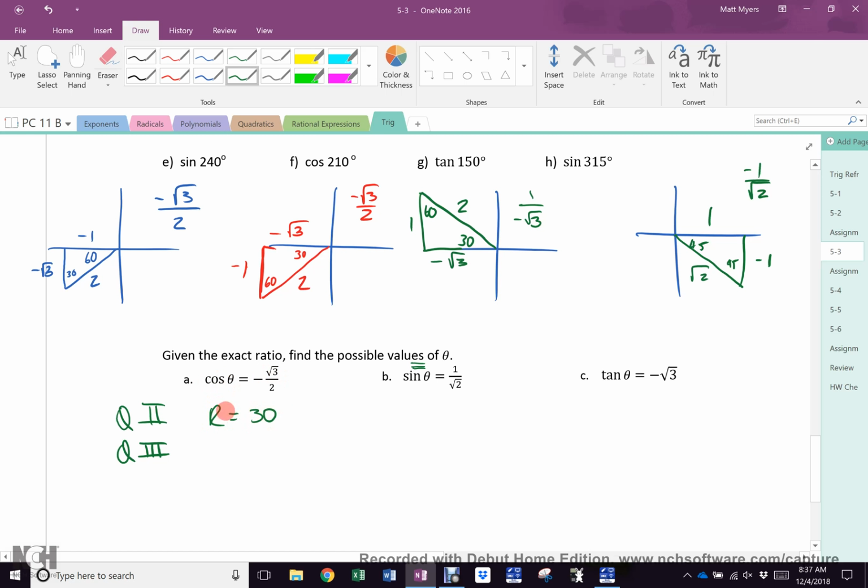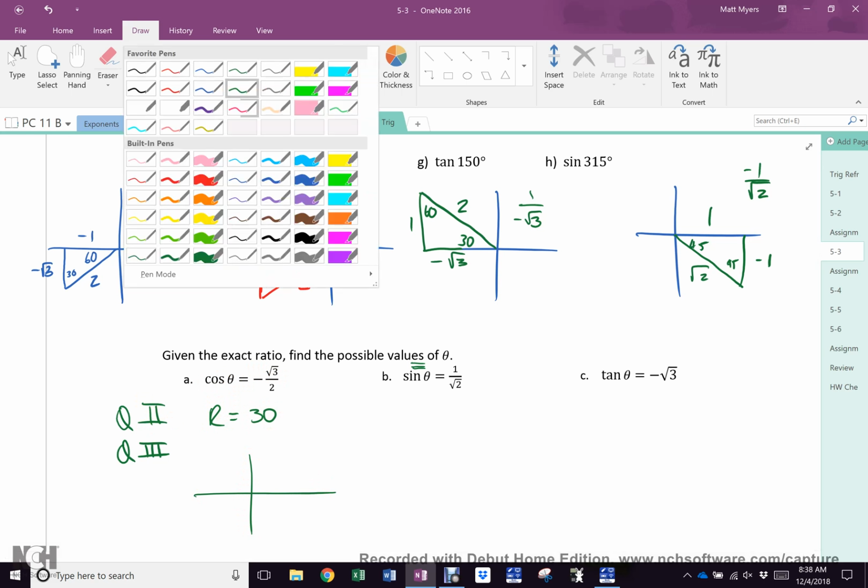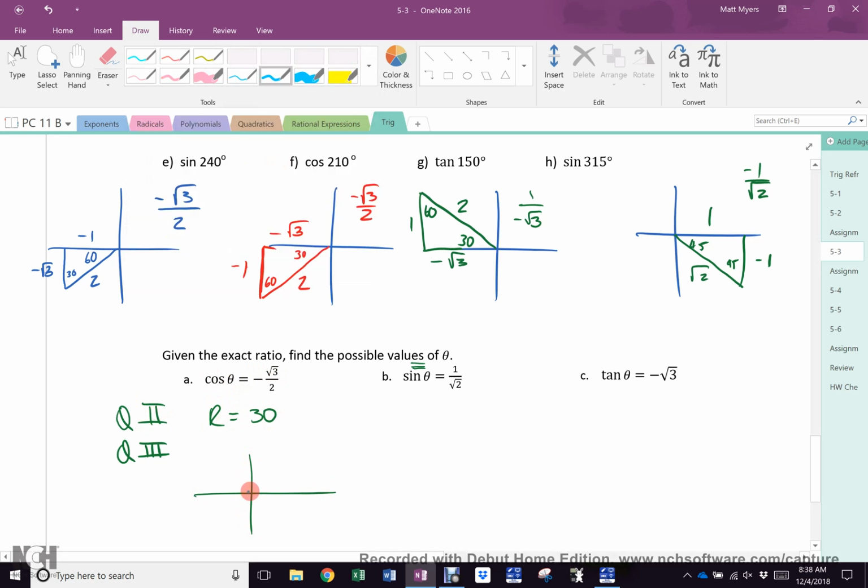If the reference angle is 30 and I am in quadrant 2 or 3, where must my lines go? Where's the 30? In the reference angle spots, yes? So what are my 2 options?